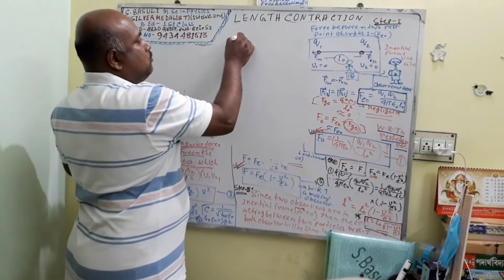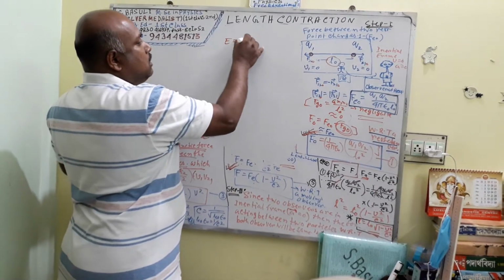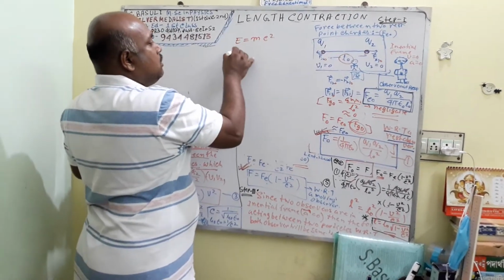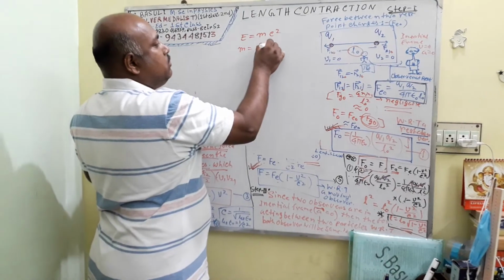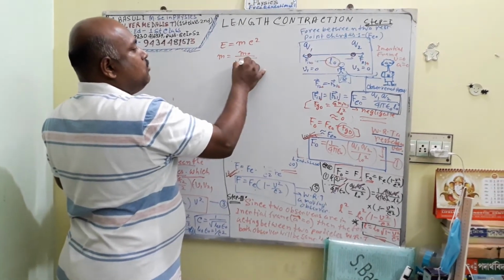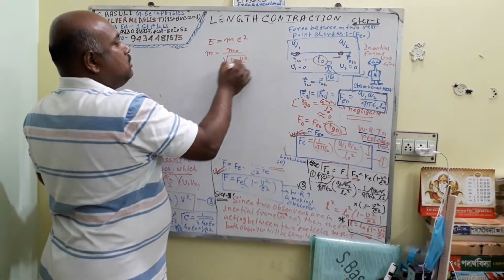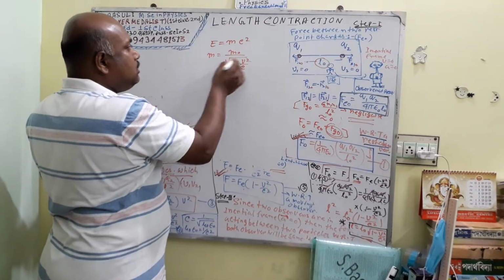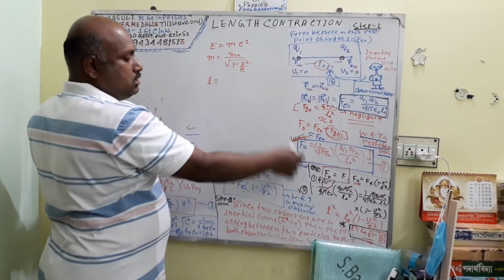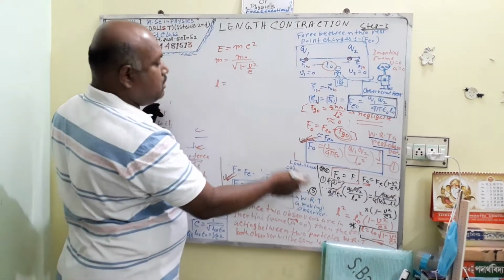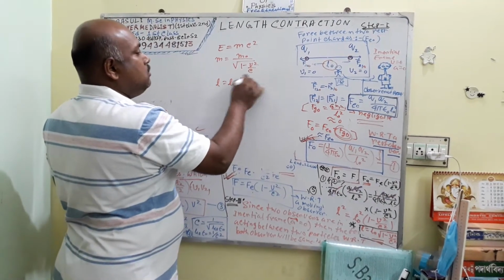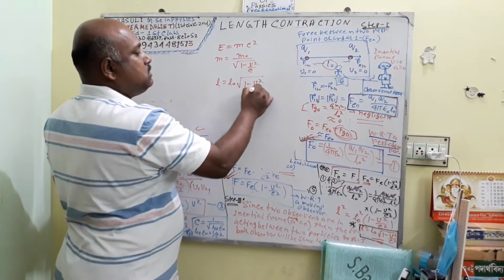The famous equation is E equal to mc squared, and mass variation m equal to m naught divided by root over 1 minus v squared by c squared. Another equation is length contraction, which has been derived here: L is equal to L naught root over 1 minus v squared by c squared.